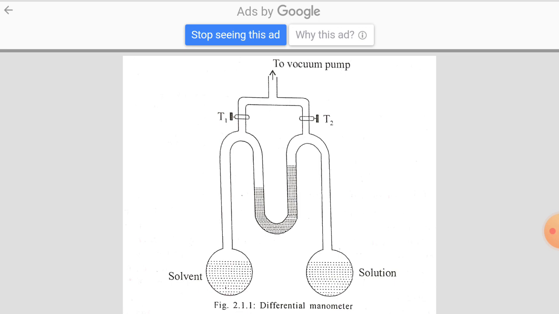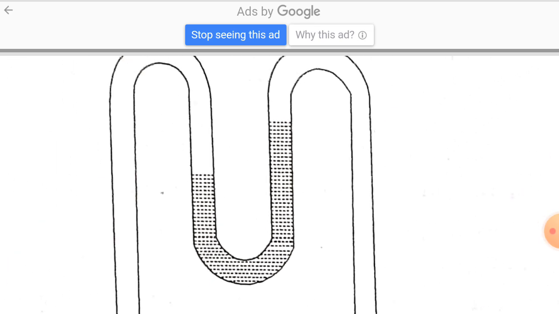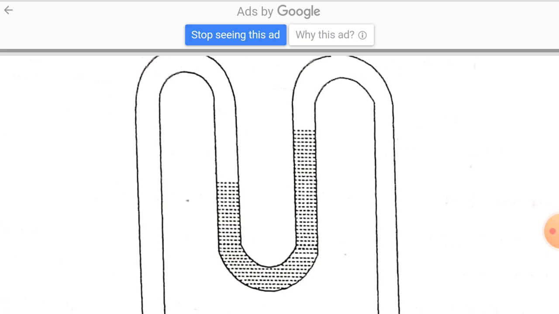Here, the difference between this level and this level, the difference between the levels of these two liquids, is directly proportional to P0 minus P, the lowering of vapor pressure.